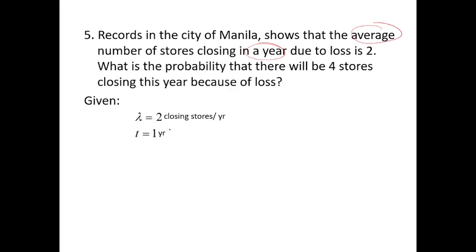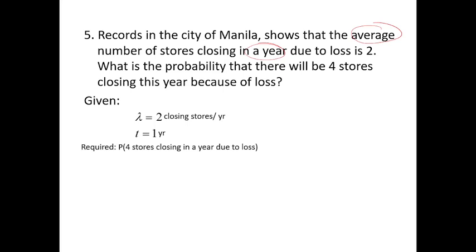So ngayon, ang hinahanap, ano daw ang tsansa na apat yung magko-close na mga stores in a year dahil sa pagkalugi, lalo na sa panahon ngayon na 2021, pandemic pa rin, di ba? So, given that, ano yung probability na for stores closing in a year due to loss?